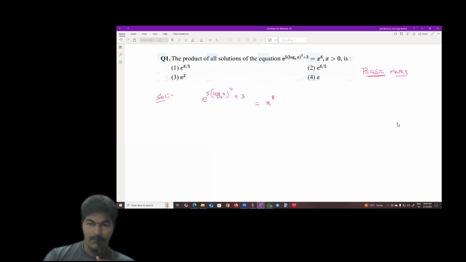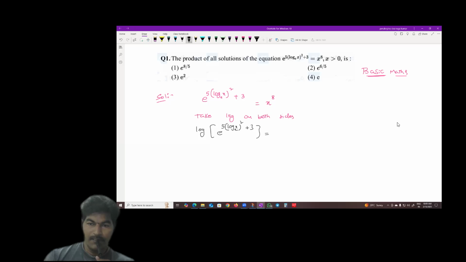Take logarithm on both sides. If you take log on both sides, then it will be log of e power 5 into (log x base e) whole square plus 3.